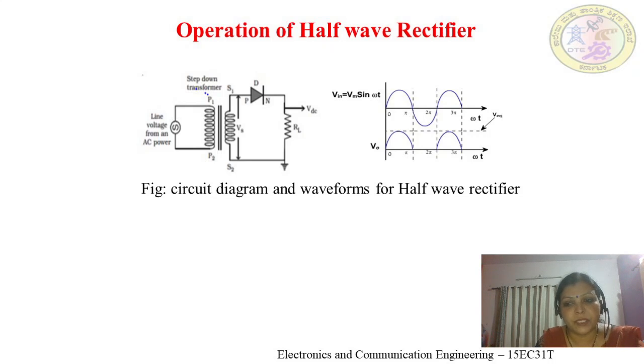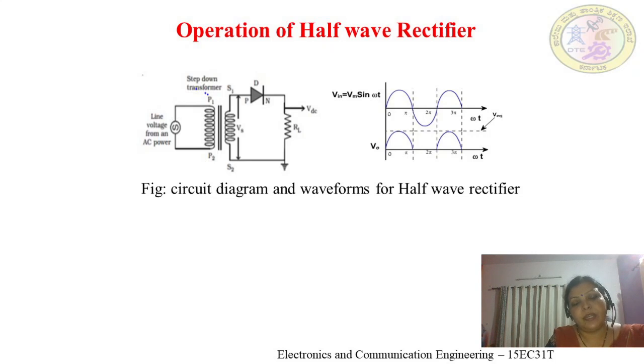Just recall the basics of the PN junction diode. For the positive half cycle, the PN junction diode is forward biased. We already know that a forward biased PN junction diode allows current to pass through it because it acts as a closed circuit or a closed switch.